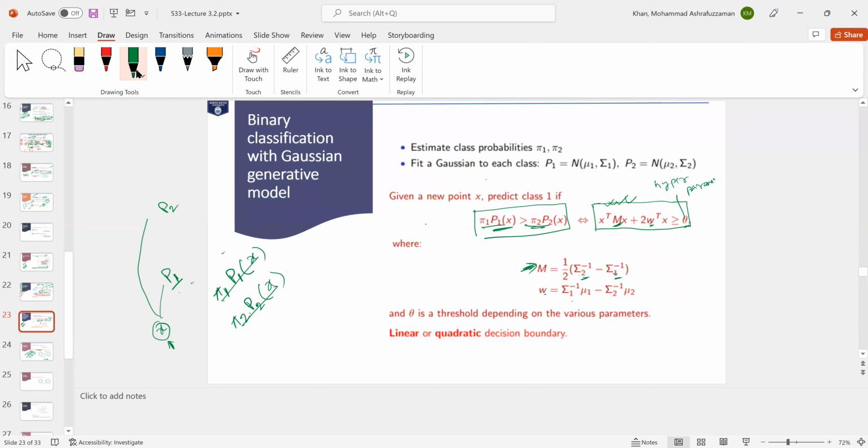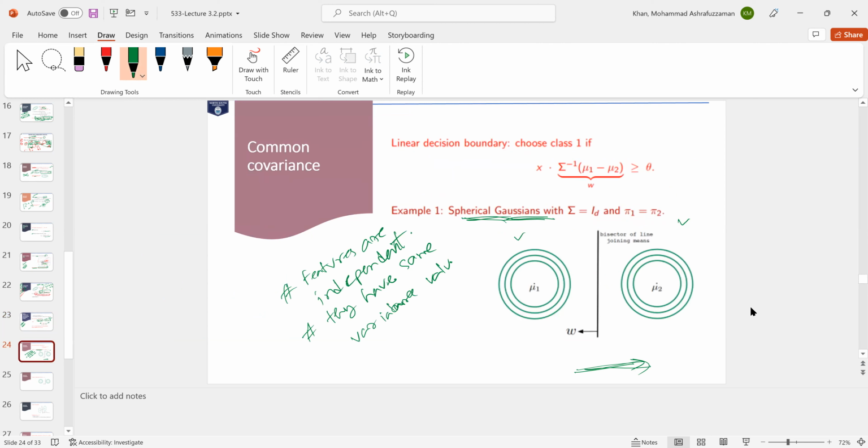That means we are thinking that the covariance matrices will have the same values, so it will give us a 0. That means we'll have something like this only.